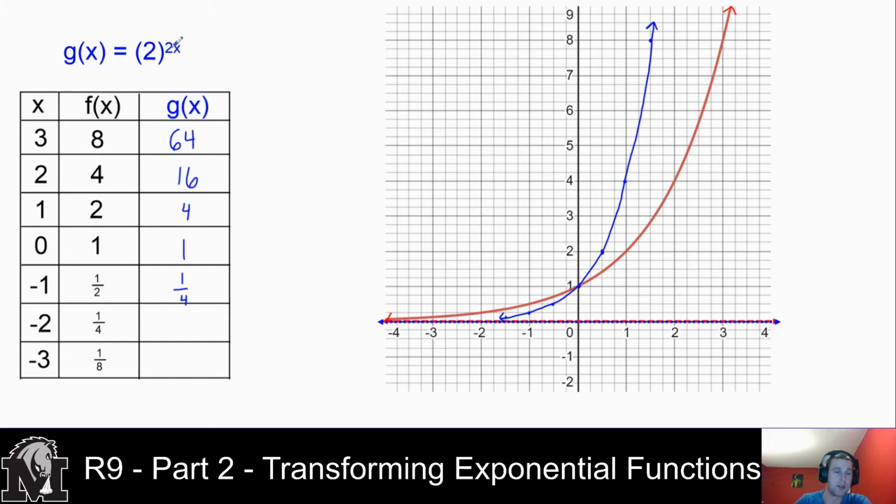Negative 2 times 2 is negative 4. 2 to the power negative 4 is 1 over 16. And then negative 3 times 2 is negative 6. 2 to the power negative 6 is 1 over 64. So I think just moving these points left and right is easier than doing these calculations. That's just my preference.